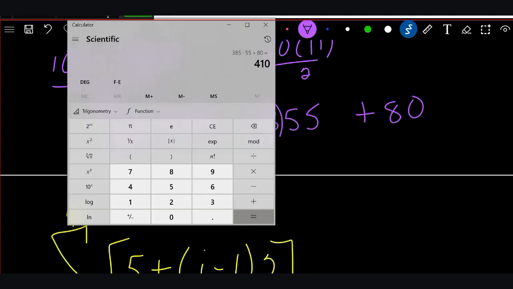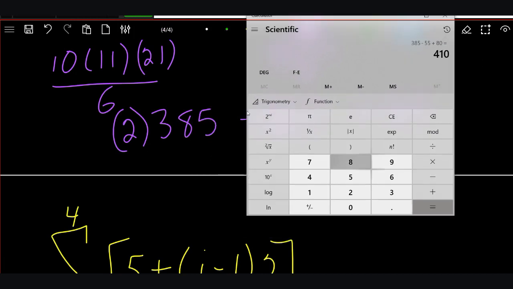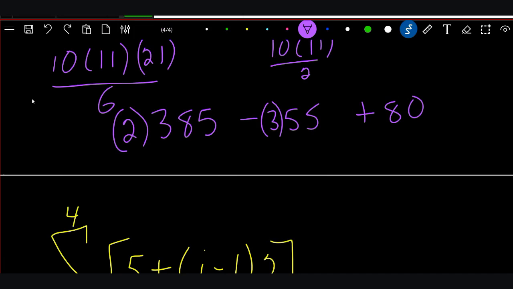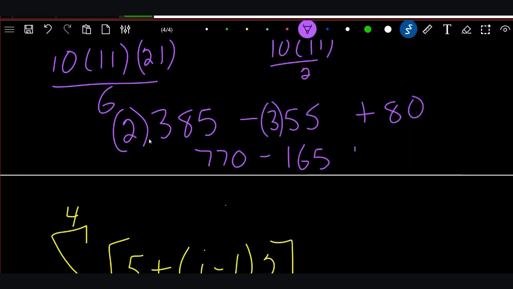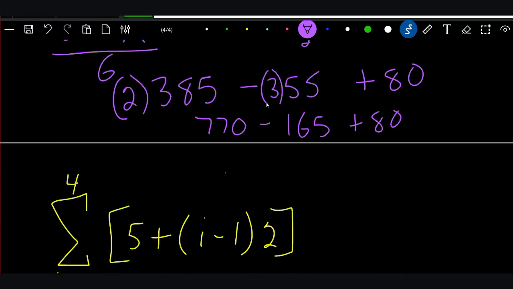So come back to your calculator, and you want to do 2 times 385 equals 770. Minus 3 times 55 equals 165, and the 80 did not have a multiplier. The 8 was the multiplier there.